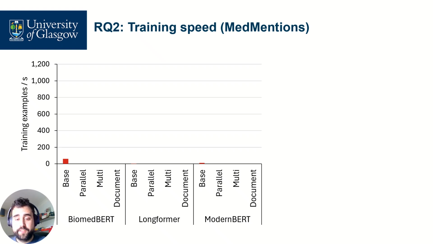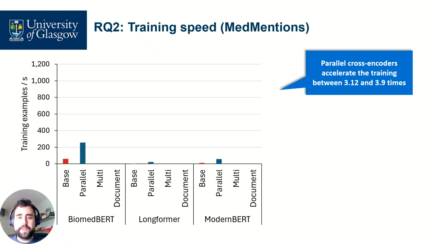Let's first observe the training speed, and please note here that due to the different batch sizes, different backbone models are not directly comparable. However, we can observe the trends for every different transformer-based model. So, with respect to the base model, parallel cross-encoders accelerate training by more than 3 times already.